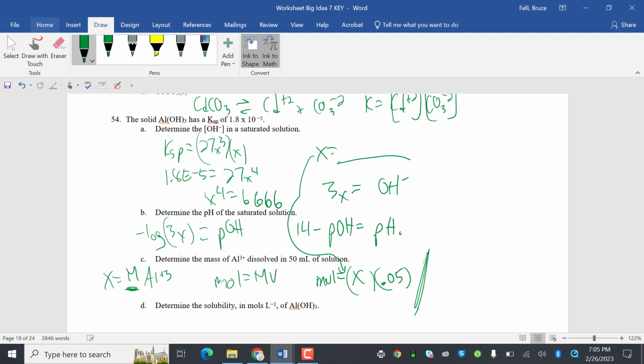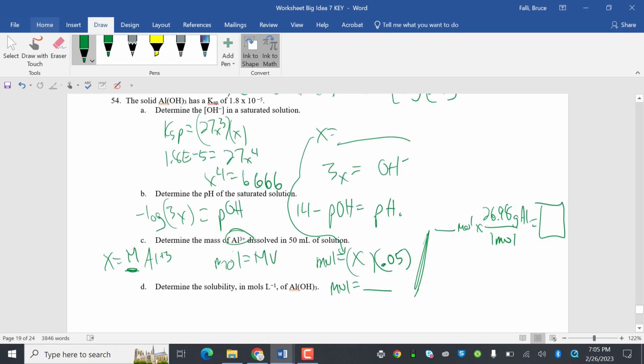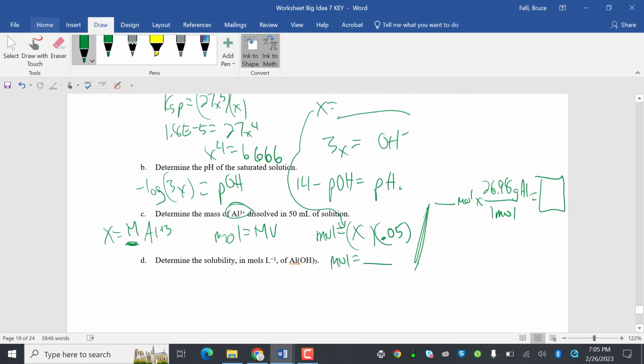Then that answer in moles times 26.98 grams per 1 mole. The mass does not change because of a charge, because electrons weigh squat. Determine the molar solubility in moles. So again, it's whatever X is.